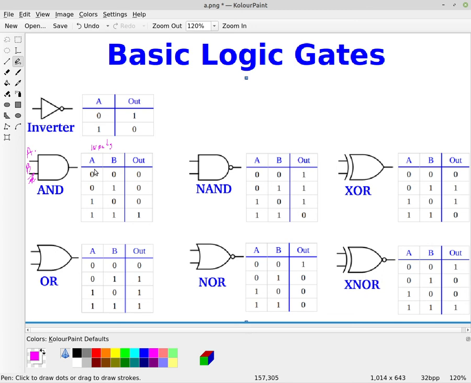So if either A is a 0 or B is a 0, the output will be a 0. So you must have A and B to be a 1 so that you get a 1 out.